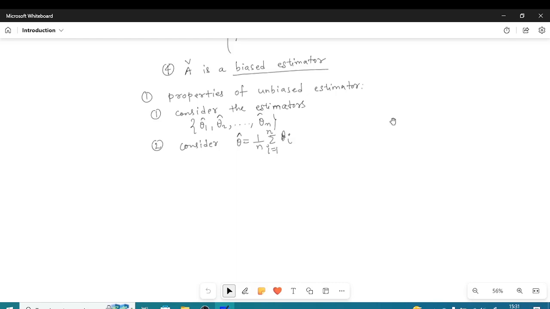So assume that each estimator theta i hat is an unbiased estimator.